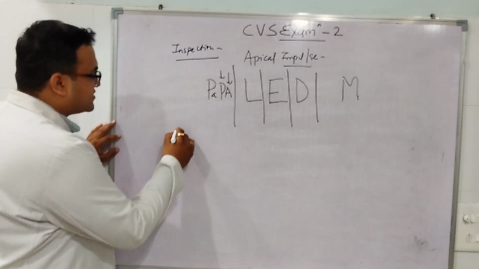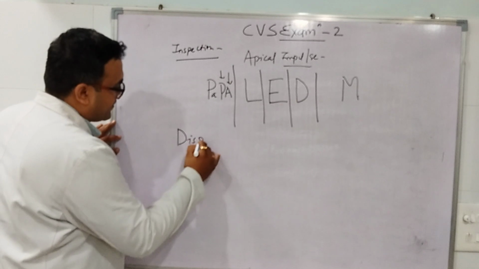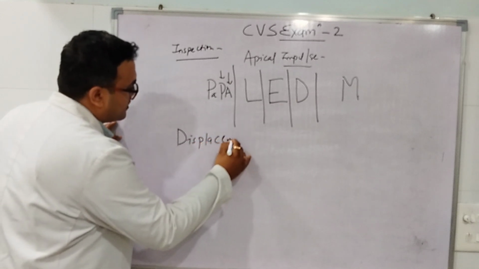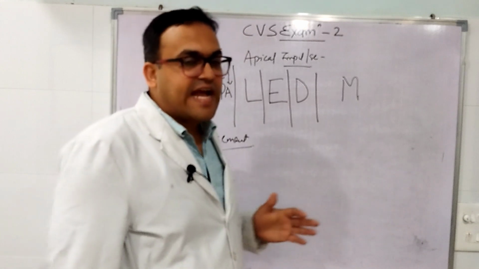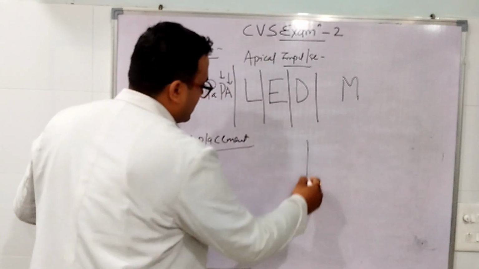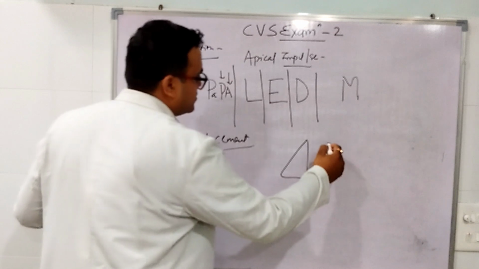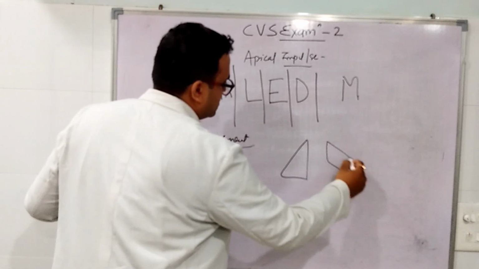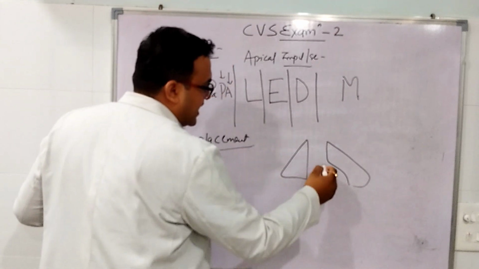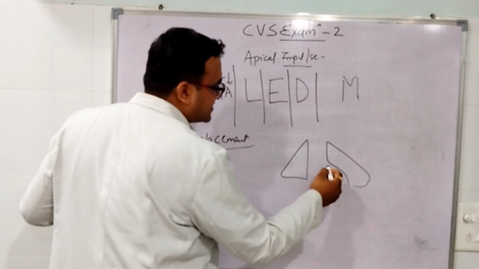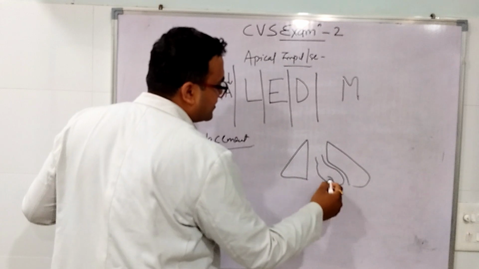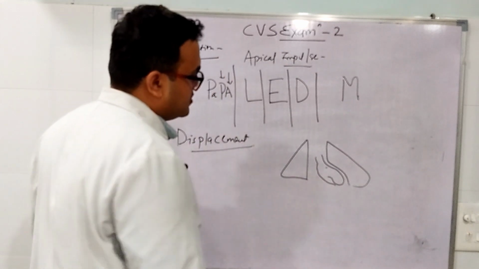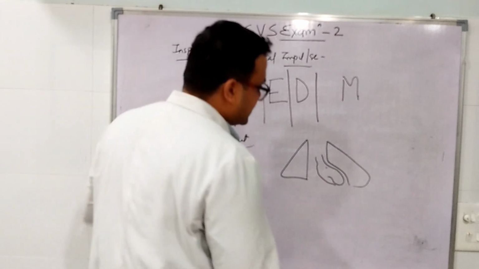So what can be the causes of displacement? Displacement can be in a sideways direction. So these are the lungs, and this is the mediastinum, and suppose this is the heart in this mediastinal area.